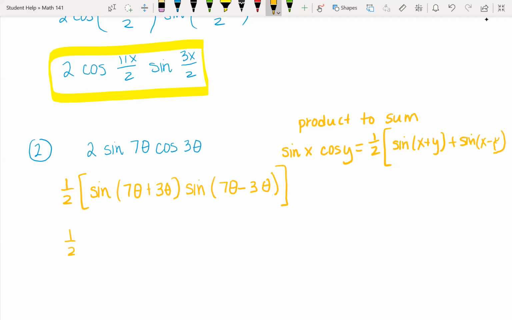So 1/2 sine of 10 theta times sine of 4 theta. And that's our answer.